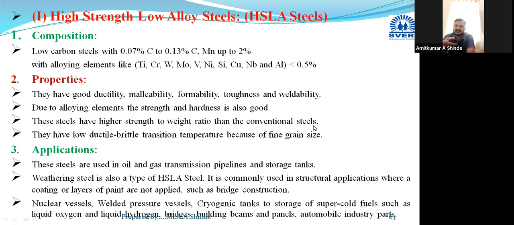Then what are the applications of these steels? These steels are used for manufacturing tanks.